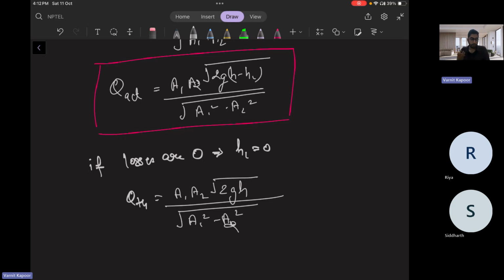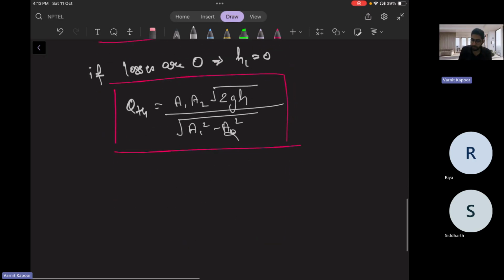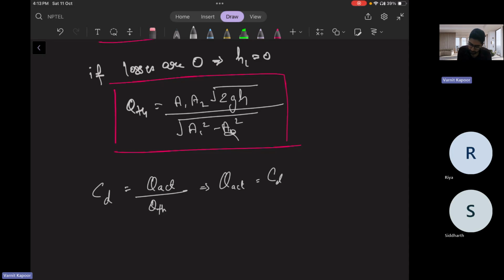So what will be actual now? Here we will come across one term. From theoretical, if you want to get actual, we need to multiply it with some factor. That is the factor CD, coefficient of discharge, that is Q actual by Q theoretical. So this implies your Q actual will be CD times Q theoretical, A1 A2 root 2GH by under root of A1 square minus A2 square.